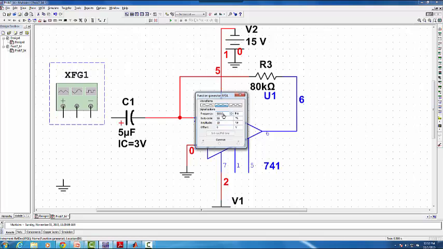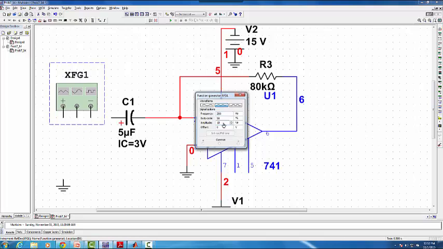I set 500 hertz because I know right now that my time constant is 1 millisecond. 1 millisecond, if you invert that period, would correspond to a 1 kHz signal. But I want to see at least 5 time constants go by, so I'm going to slow the frequency down to, actually, instead of 500 hertz, I think it might be nice to see it at 200 hertz. So let's do that.